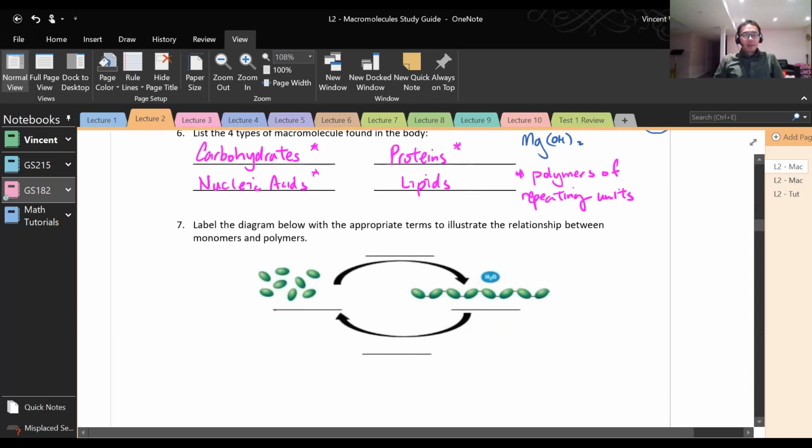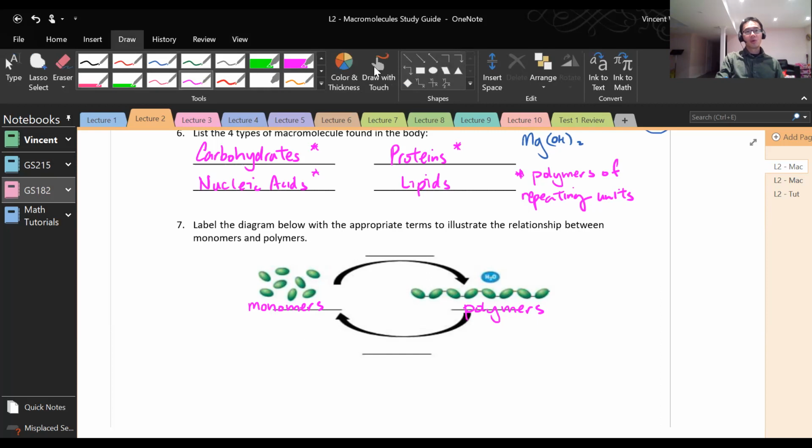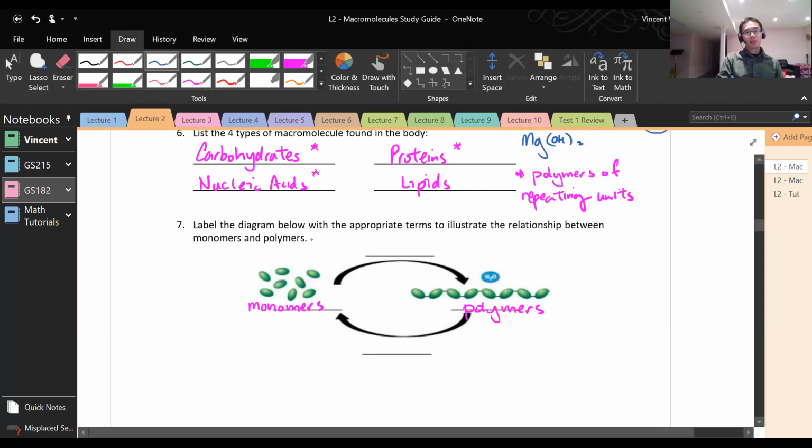So here in this diagram, on the left side, we have all these individual units that are not connected. So those would be the monomers. And over here, they're all linked together. These are polymers.